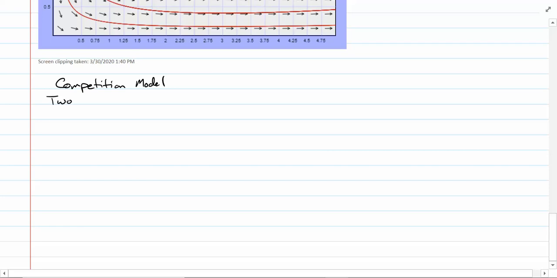All right, so I want to show you another population model called a competition model. For the competition model, we're going to have two populations that feed off of a common resource.